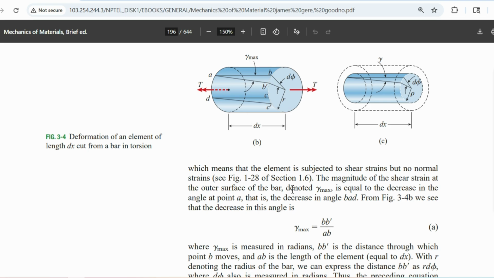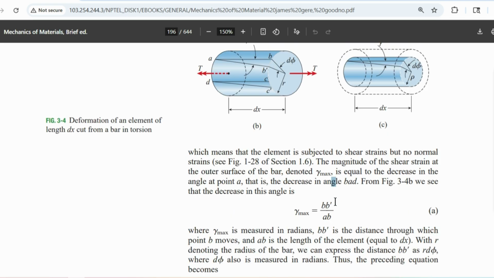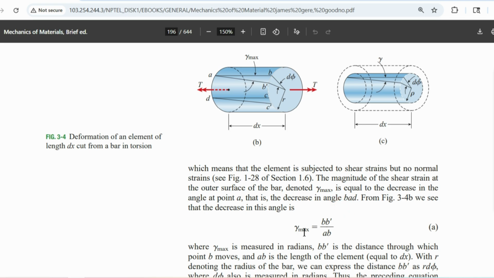Just looking at this equation, they're saying this angle is this length divided by that length. This divided by that, it seems like the tangent. But you have to go small angle, radians times radius.